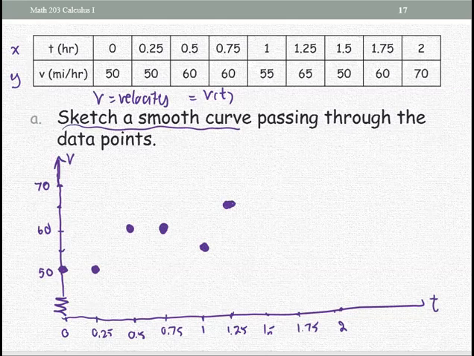Then 1.5 is 50. And then if we sketch a smooth curve, that means we're going to draw the line to connect all the points together. It doesn't have to be perfect. Okay, that is part A.